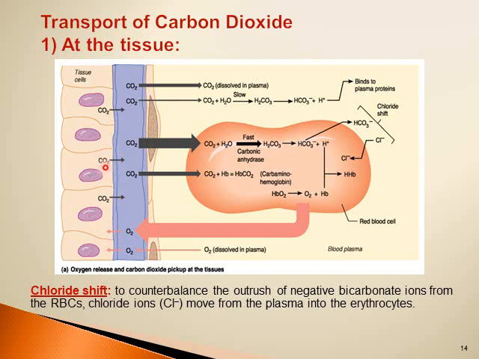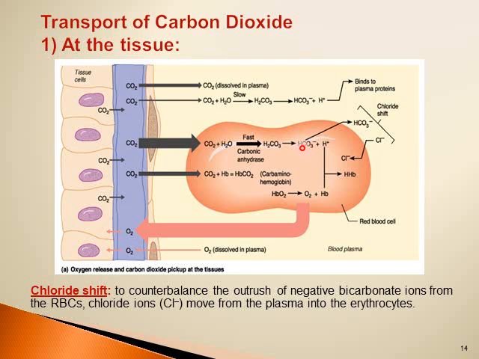Down the partial pressure gradient, carbon dioxide will cross the interstitial fluid and the capillary membrane, and enter into the plasma. 7% will dissolve in the plasma and will be carried to the lungs as dissolved carbon dioxide. 23% will enter the red blood cells, bind to hemoglobin, and form carbaminohemoglobin. The majority, which is 70%, will enter the red blood cell and combine with water in the presence of carbonic anhydrase to produce carbonic acid that will dissociate into bicarbonate and hydrogen.